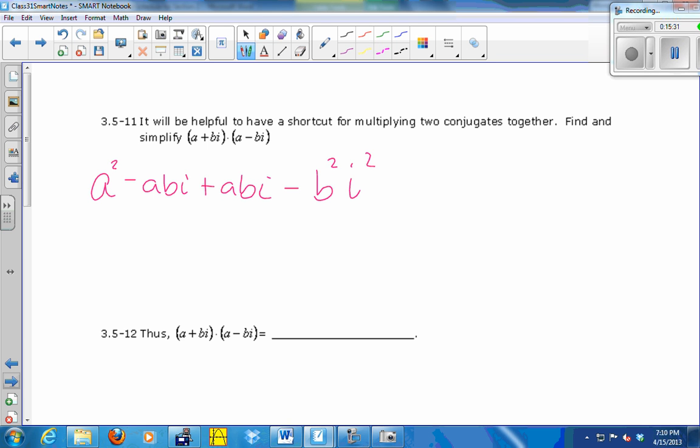My abi terms cancel, so that's nice. And I get a squared minus b squared times -1. Replace my i squared with a -1. And so I end up with a squared minus -b squared, which is a squared plus b squared. Because I've got the minus and the negative, makes a plus.